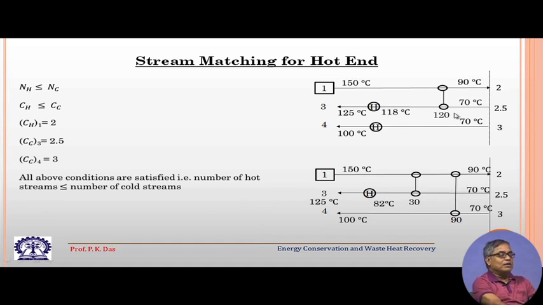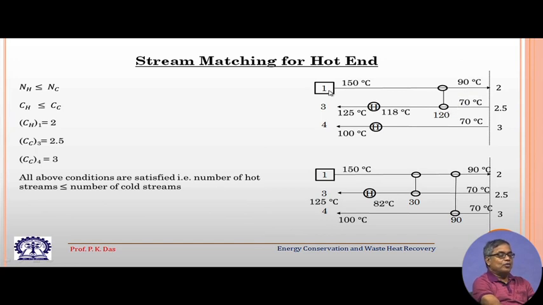So, what can we think of? We can think of a match between stream 1 and stream 3. 120 will be the amount of heat exchange in this heat exchanger.